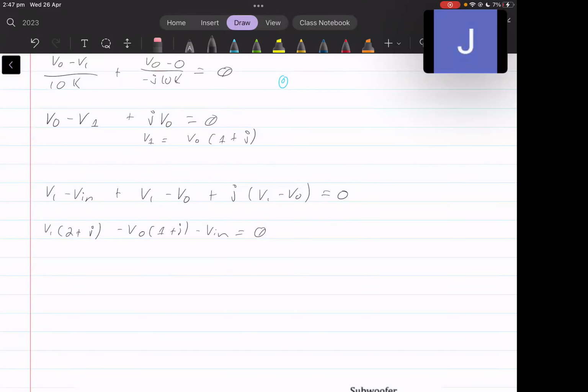I just use the calculator for this again. We get V out by 2J is equal to V in.